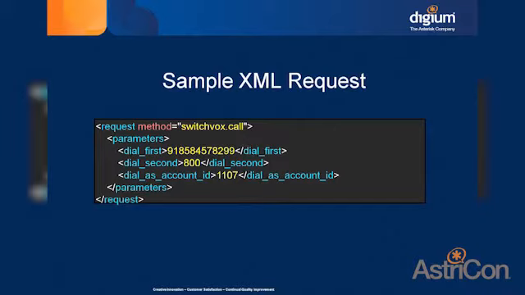So what this is going to do when you send this XML to the Switchvox is it's going to dial this phone number here, and then it'll connect it to extension 800, which, if you're familiar with Switchvox, which I hope you all are, you know that extension 800 can be anything. It could be an IVR, it could be a call queue, it could be somebody's virtual extension and ring out to their cell phone. You can do anything with this call creation and hook two sides together.